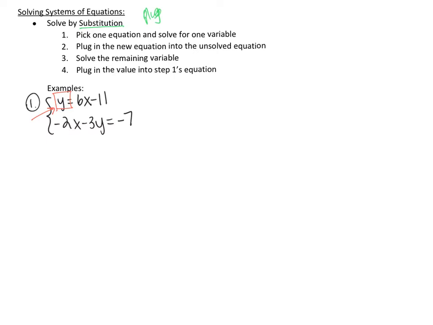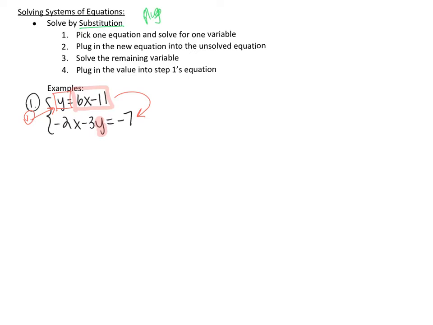So once I've done that, my first step, I'm now going to plug that equation into the next equation, all right? I'm going to plug it in for that variable. So I'm going to replace the y in my equation with this entire expression, 6x minus 11.